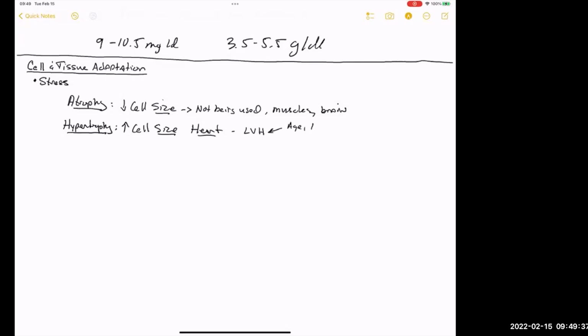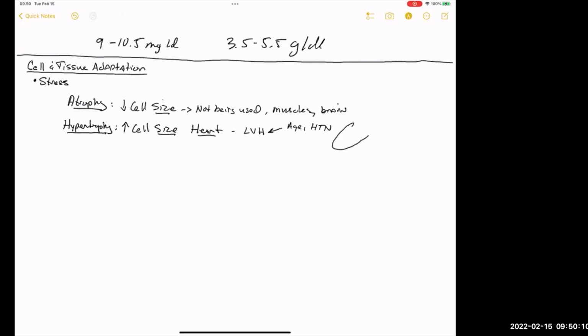And it is very common in people that have hypertension, elevated blood pressure, because the left ventricle is having to work harder. That's what we call the afterload, to push blood out, right? The afterload in the arterial system is very high, and so the left ventricle has to work, and the left ventricle will undergo hypertrophy.